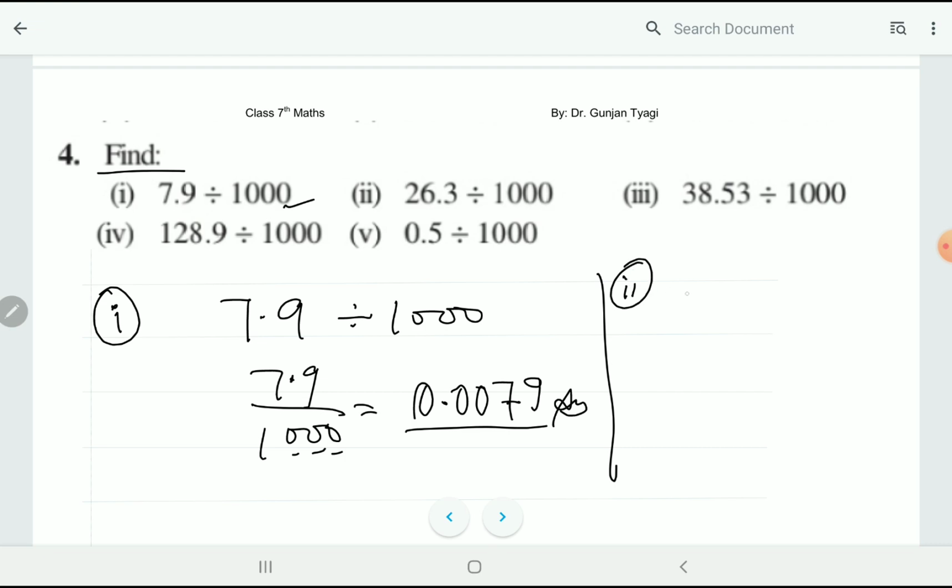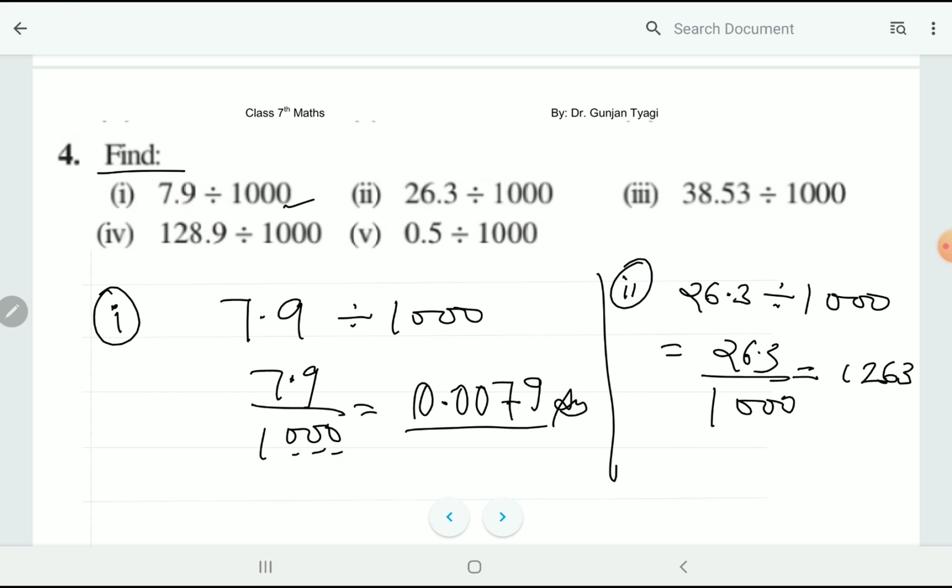Second part is 26.3 divided by 1000. Again the decimal will shift 3 places toward the left. So 1, 2, 3. It will come here. 0.0263. This is the answer.